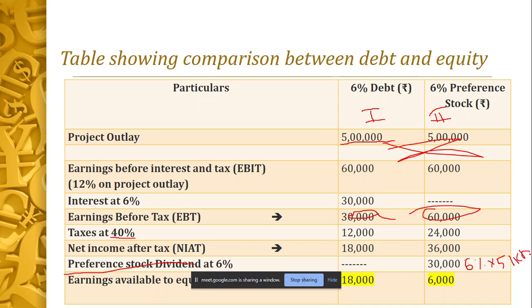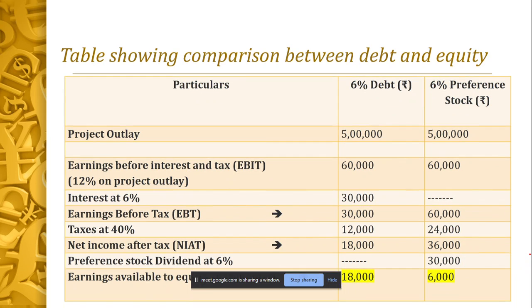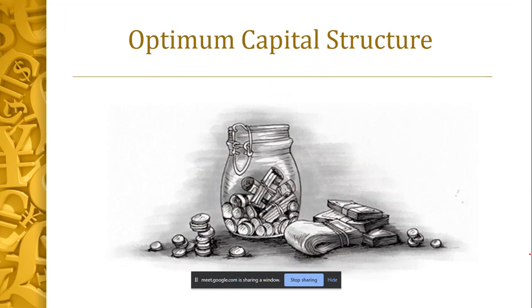Interest at 6% we had taken on 5 lakh. But when it came here to 30,000, for once we will be confused as to how 6% on 36 would be 30,000. Because here 6% would be on the preference stock. That's why I asked you to maintain notes.